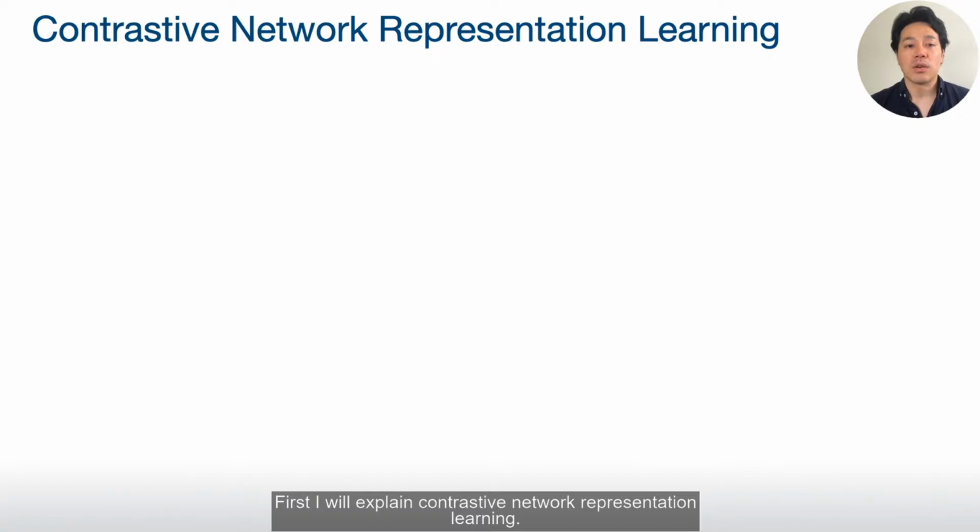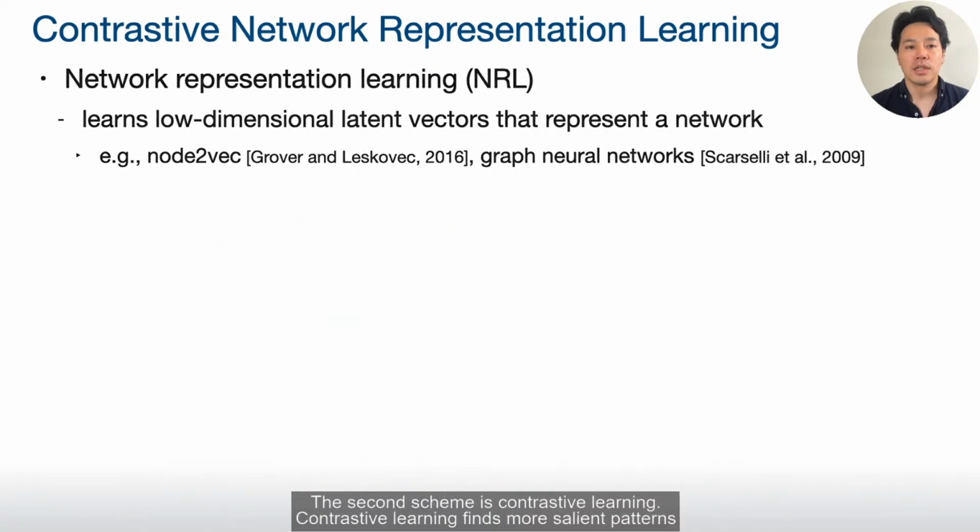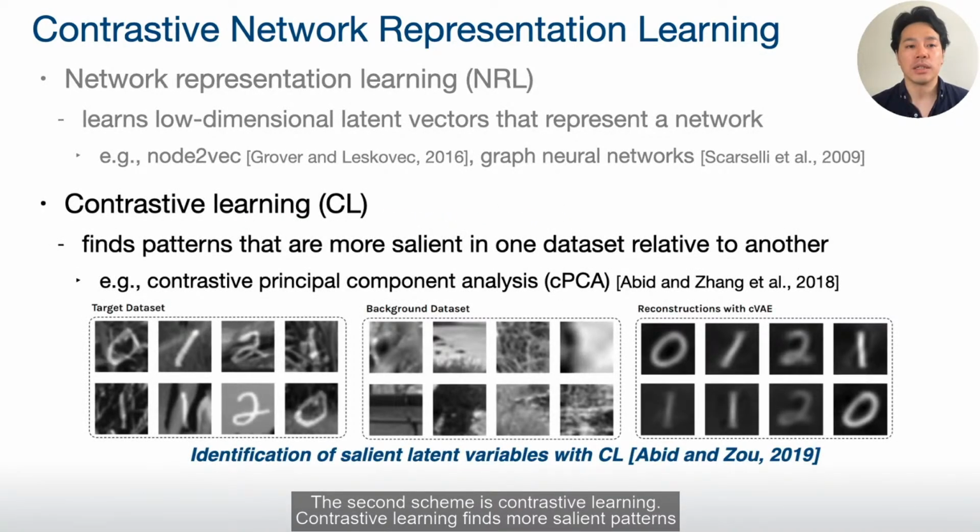First, I will explain contrastive network representation learning. It utilizes 2 machine learning schemes. The first one is network representation learning, which extracts latent vectors from a network as shown in the figure here. The second scheme is contrastive learning.